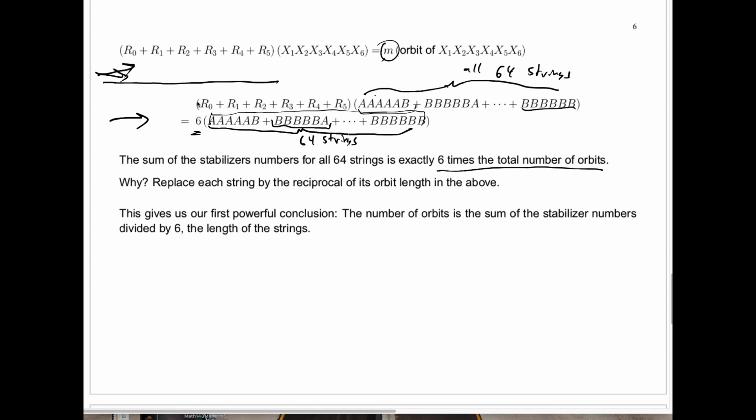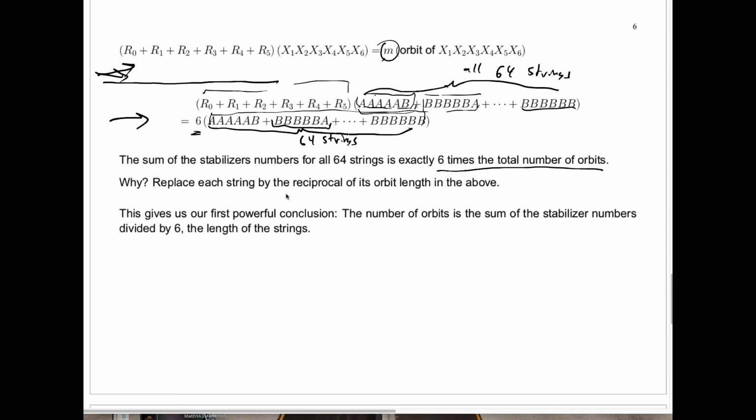So the contribution of all the rotations of the first string is just the stabilizer number of the first string. The contribution from the second string will be the stabilizer number for the second string, etc. So the left side, when I add them all up, gives me the sum of the stabilizer numbers. The right side gives me 6 times the number of orbits.